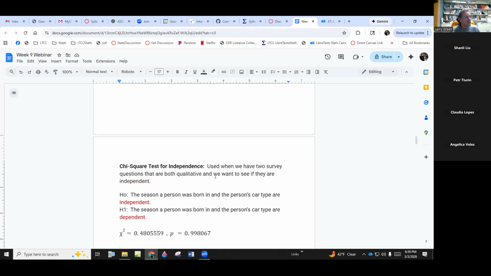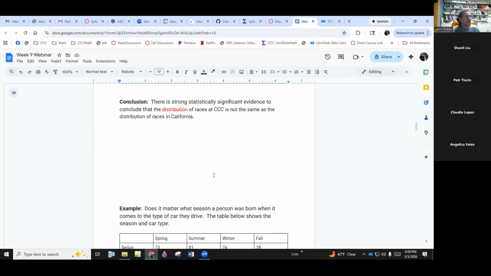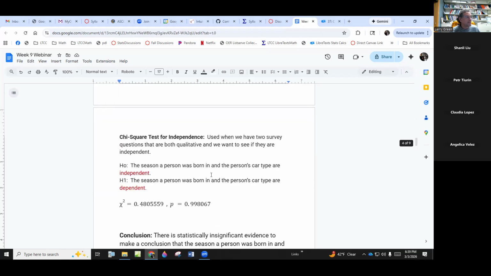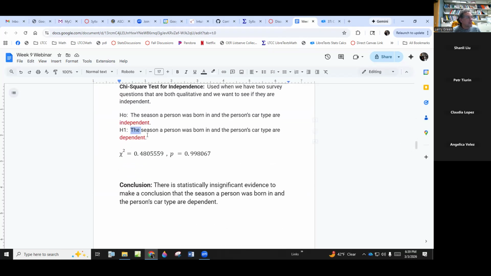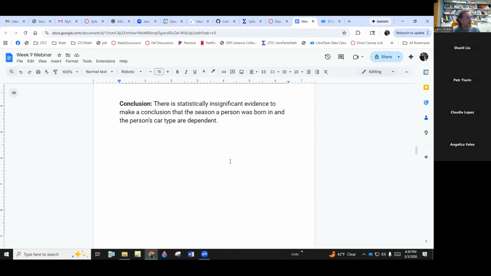Notice you can just literally copy and paste the season a person was born in and the person's car type are dependent. That goes right here. And what came before that is what you're used to when you have a high p-value: there is statistically insignificant evidence to make a conclusion that.